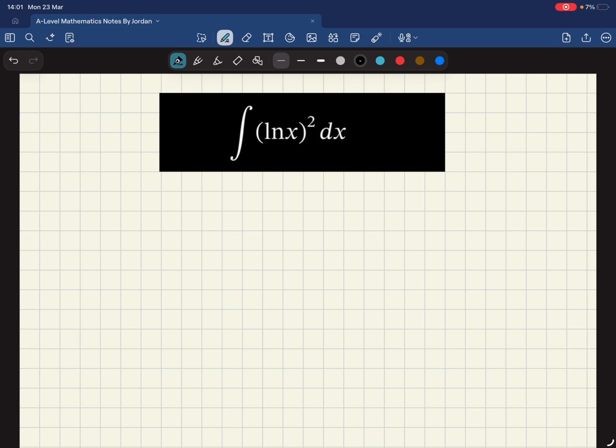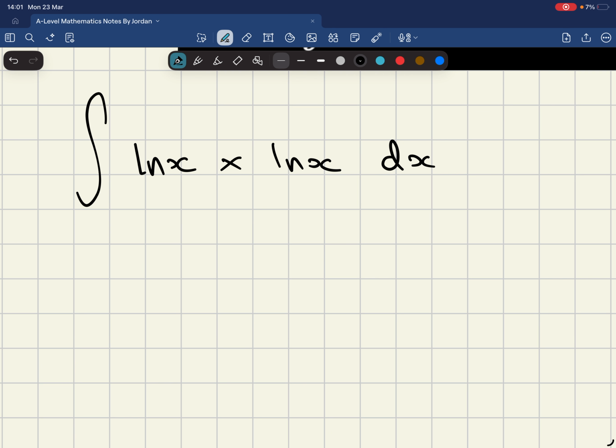Right, this one's next. A lot of people think this one's absolutely disgusting. It doesn't look like a by parts question, but it is, because you can rewrite this as being ln x times ln x, but that would then mean that one of these needs to be differentiated, and one needs to be integrated.